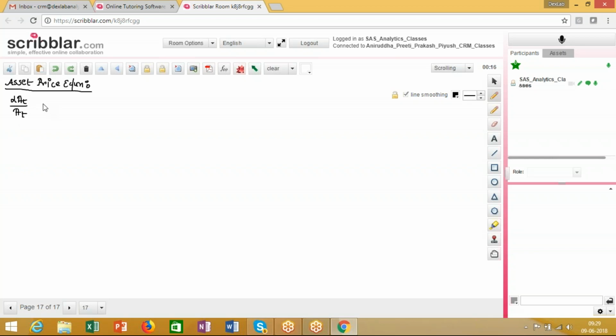If I interpret this, very simply spoken, this is nothing but the percentage change in the asset price.